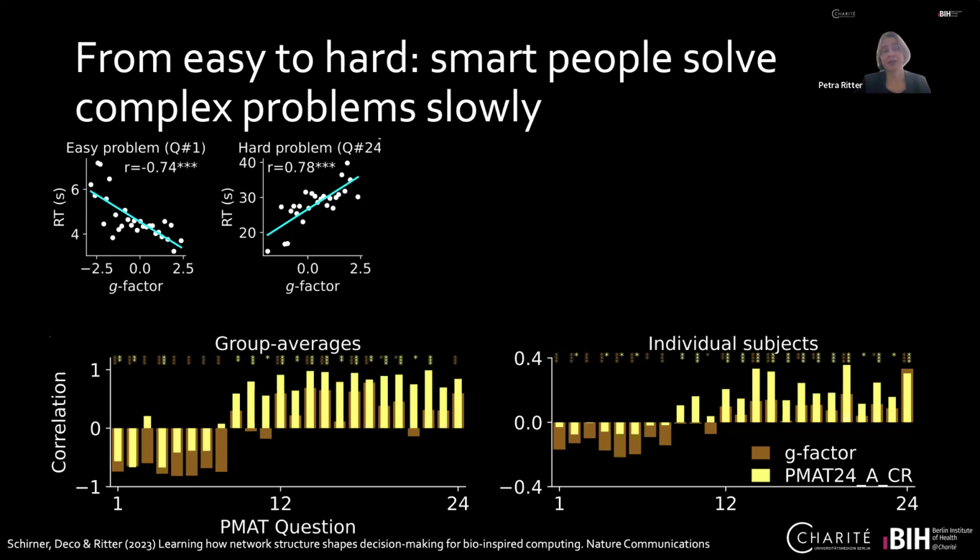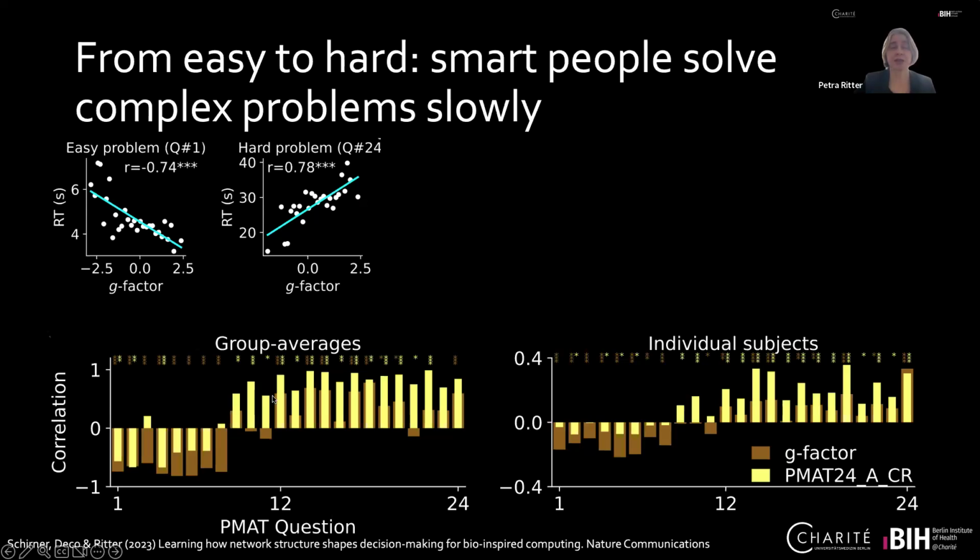And we see that those with a high general factor of intelligence had faster reaction times for the first task of the 24 tasks of the fluid intelligence test. So now we look at the last task of the 24 tasks. So that's the most difficult one. And we see that for the last, most difficult one, the correlation is inverted. So those with the highest general factor of intelligence took the longest time to take a decision.